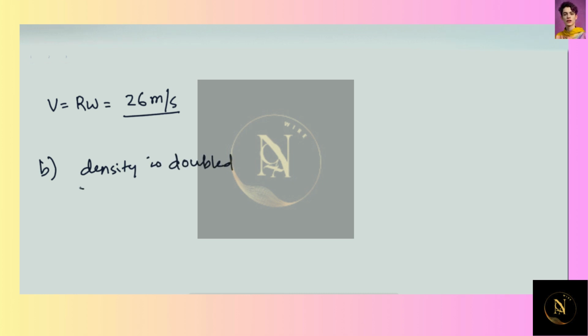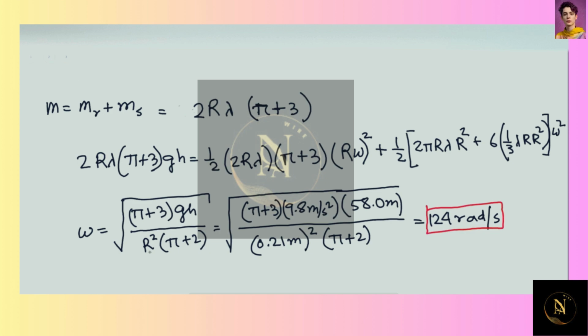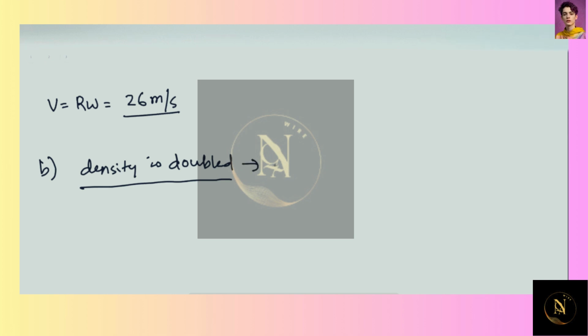If we double the density, it will have no effect, because in our final expression there's no dependency on lambda, the linear mass density. So omega is independent of that. For that case, omega will be unchanged.